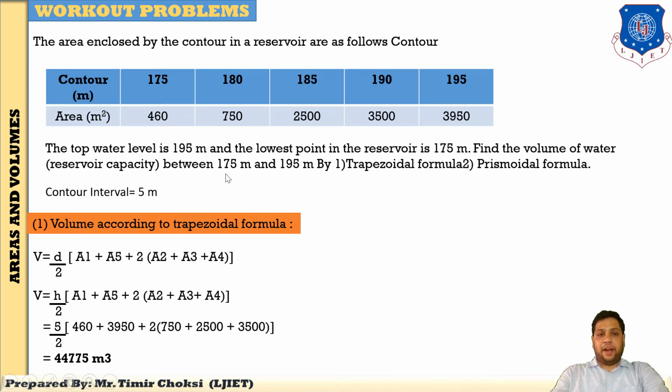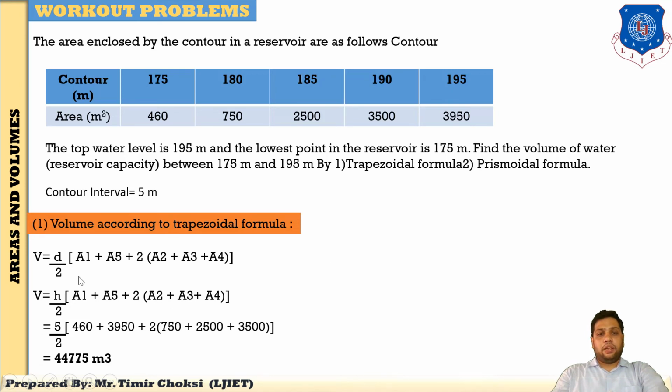You directly find the volume by the trapezoidal formula and the Prismoidal formula. The top level is 195 and the lowest point is 175. So find the reservoir capacity between 175 and 195. The contour difference is 5 meters.